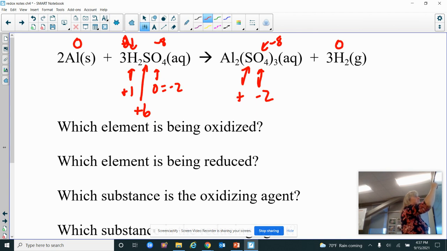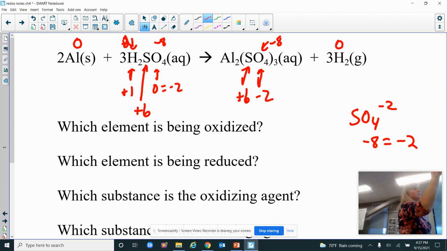It's +6 because sulfate is SO4 2-. So if the oxygen total is -8 and they add up to be -2, then the sulfur has to be +6. So when I have a polyatomic ion, I like to take the polyatomic ions separately and make them add up to the charge to figure out what everything is. So in sulfate, sulfur's +6, the oxygen's -2.